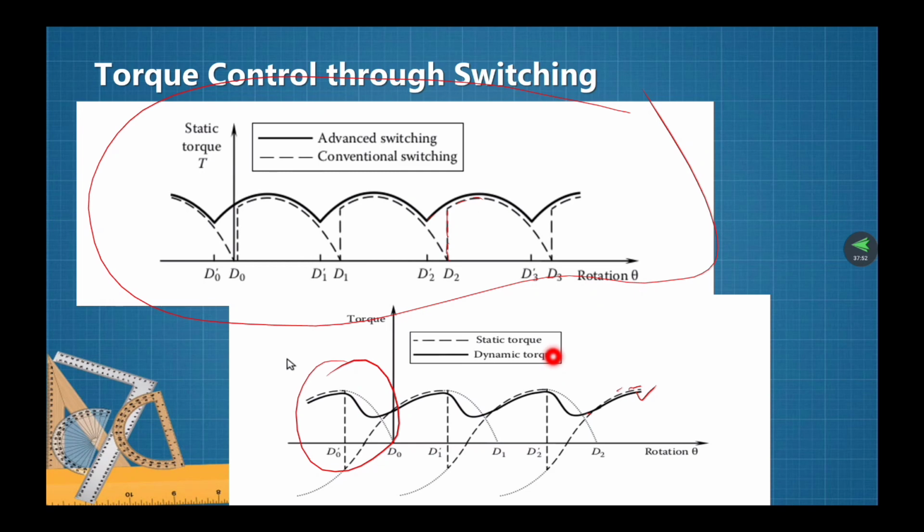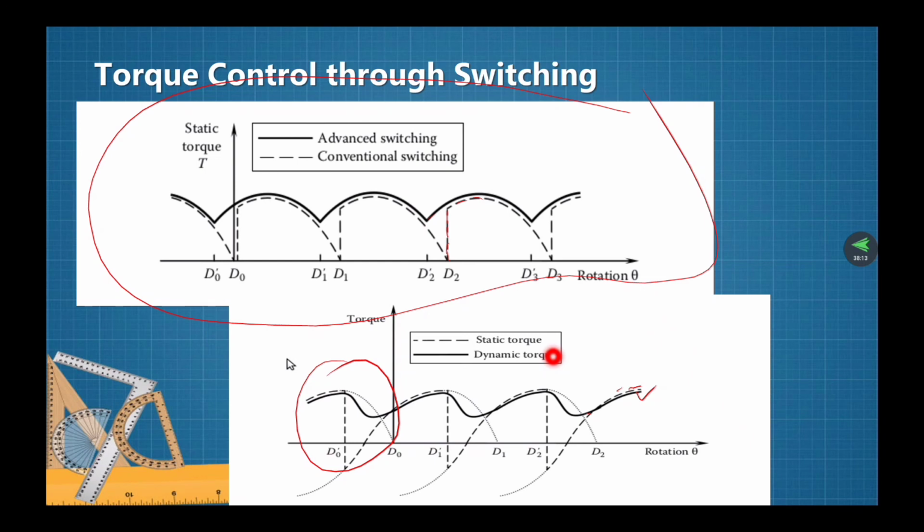This confirms the intuitively clear fact that motor torque can be controlled by adjusting the switching point. The resulting actual magnitude of the torque, however, will depend on the dynamic condition that exists.